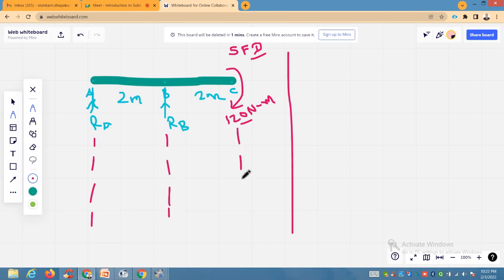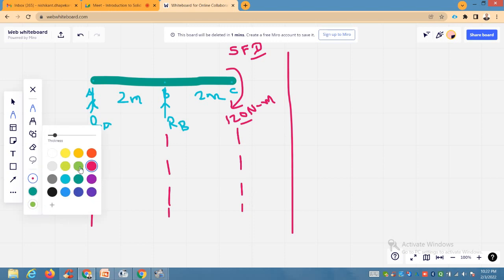While determining the reactions, you have to use equations of equilibrium: summation of Fy equal to 0 and summation of moment equal to 0. Means the sum of all the vertical forces about any point equal to 0, and the sum of the moments about any point because of all the forces acting on the beam will be equal to 0 if the body is in equilibrium.